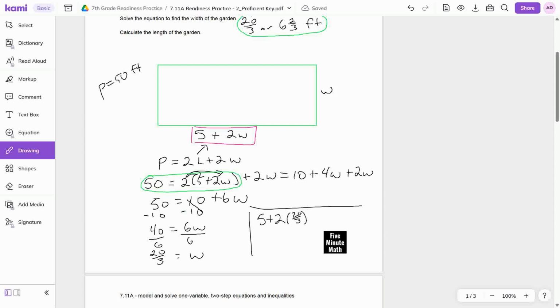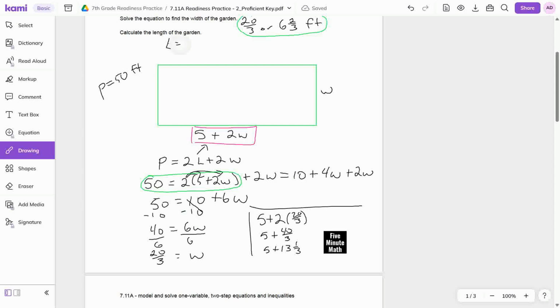And so we can say 5 plus 40 over 3. If we were to simplify 40 over 3, that's going to be 13 and a third. And so then we can just make that 18 and a third.